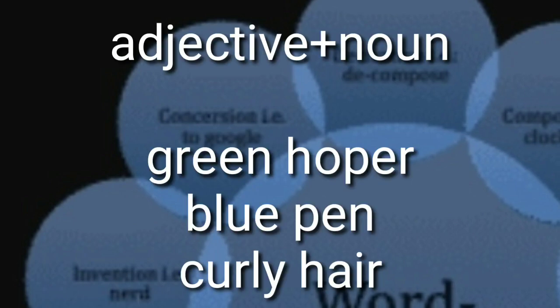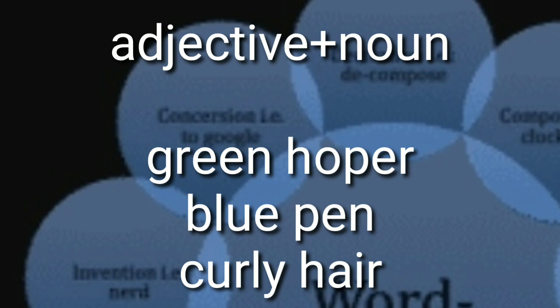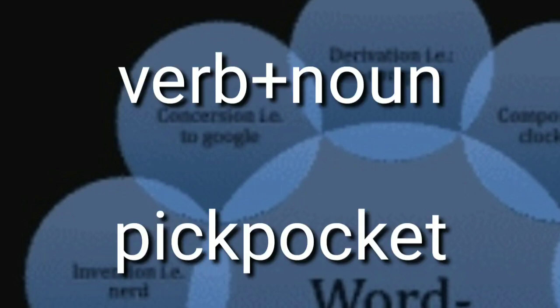Then when we combine an adjective and a noun, we get words like green hopper, curly hair, blue ink, etc. When we combine a verb and a noun, we get words like pickpocket.